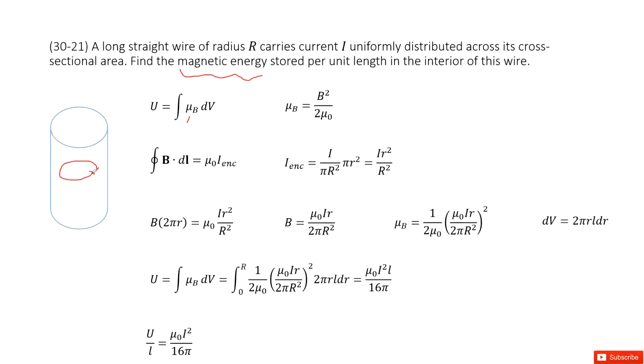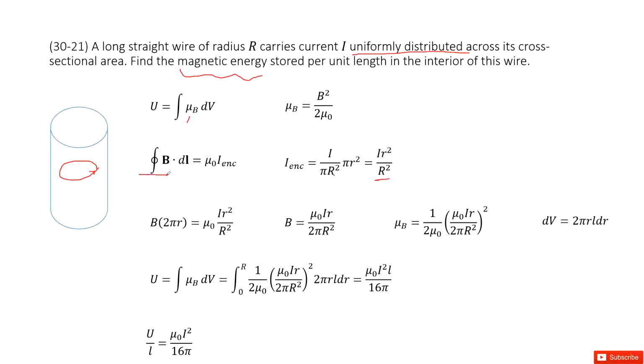The current is uniformly distributed in this wire, so the enclosed current is the total current divided by the total cross-sectional area, pi capital R squared, times the cross-sectional area inside this circle, pi little r squared. Then we simplify, and we get it there.